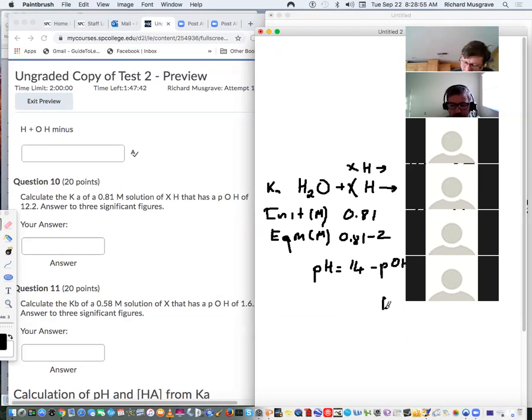Now the concentration of H plus, which is what we need for the problem, which is also, I'll point out, the concentration of H3O plus, is the same thing, is going to be 10 to the negative pH, which is 10 to the negative 1.8.